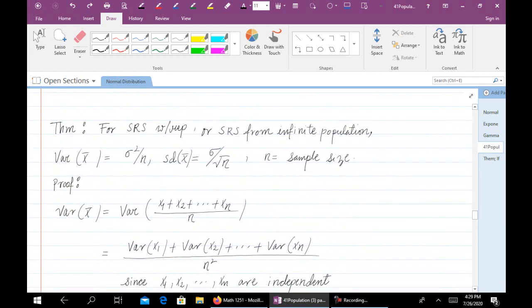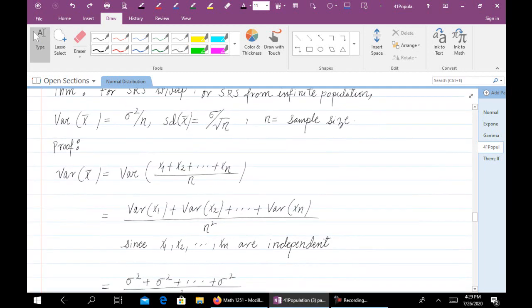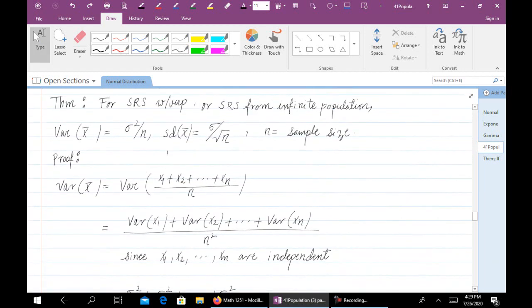Okay, so we now know the variance of the sample mean to be sigma squared over n, where sigma squared represents the population variance.